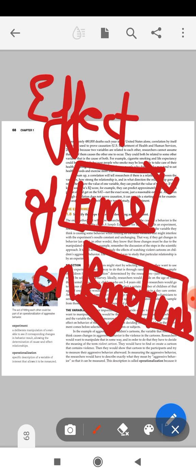We also have to make it clear how we are going to measure our dependent variable. How you will measure your dependent variable, you also have to describe.